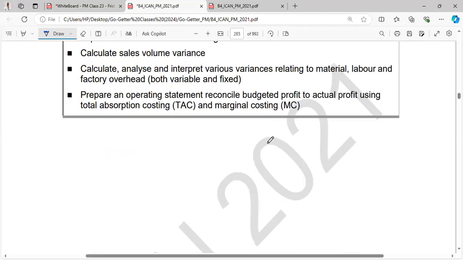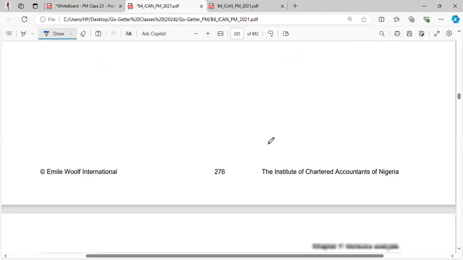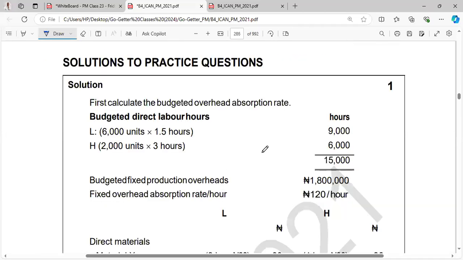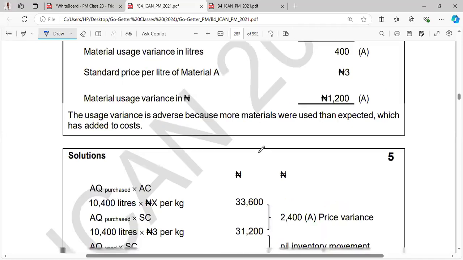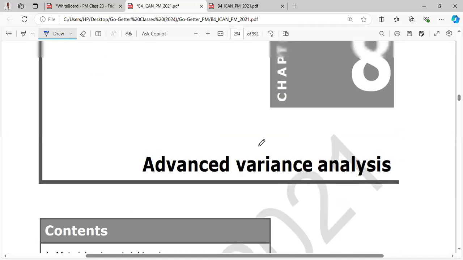So in our next class, we'll be spending time solving past questions on the basic variances that we have just learned. Then after that, we'll be entering into something called advanced variance.